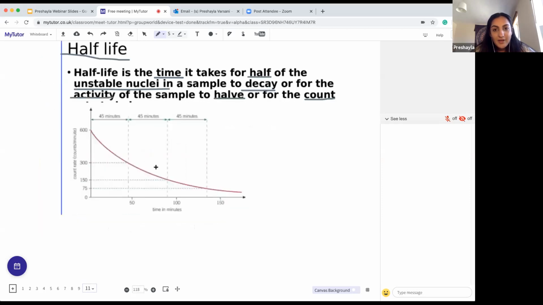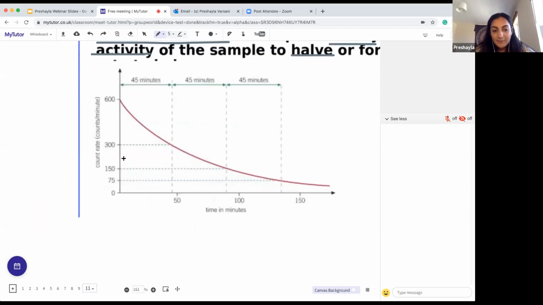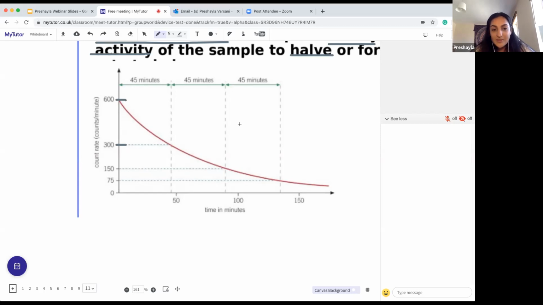So let's have a look at our graph here. We want to know how much time it takes for the count rate or the activity to halve. So could you please put your answers in the chat? Have a think about what would happen between 600 and 300. What is the half-life of this substance?